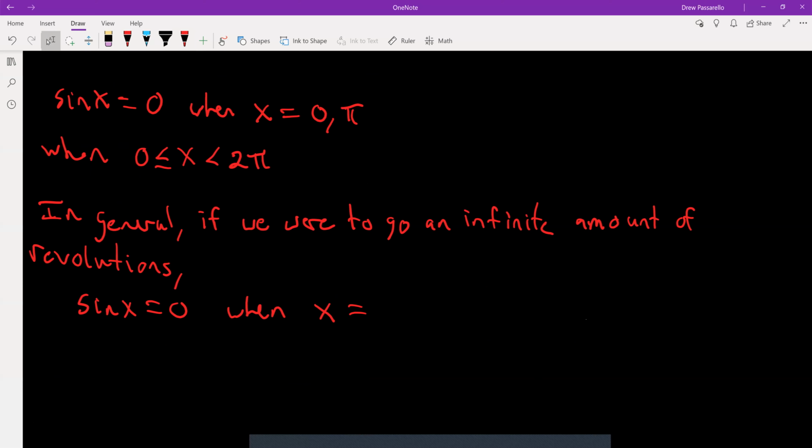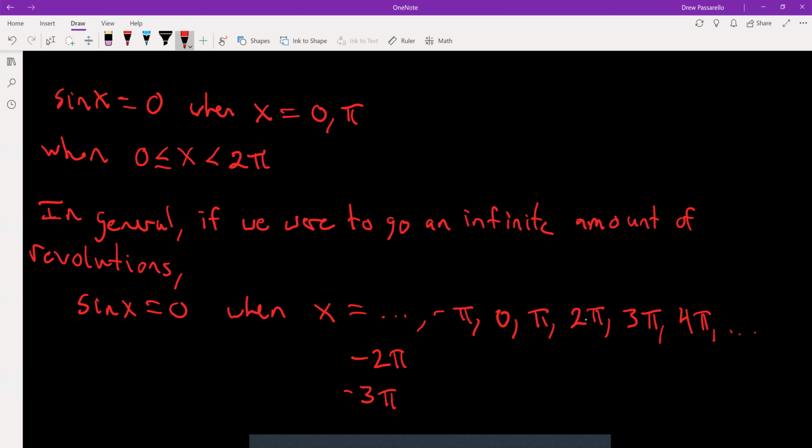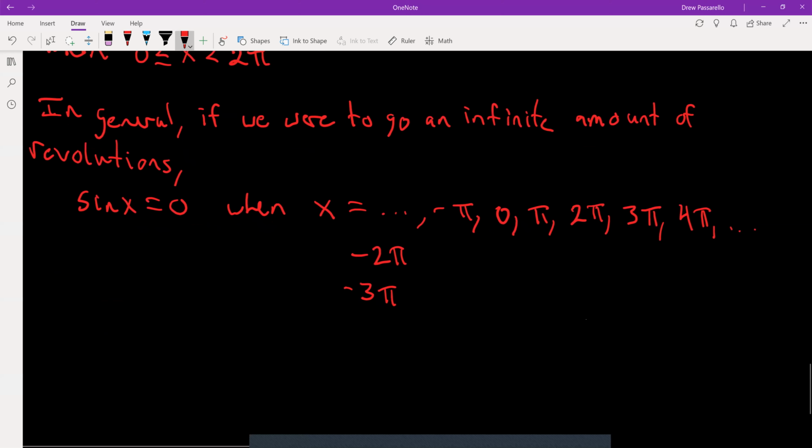So essentially, it could be negative pi, 0, pi, 2 pi, 3 pi, 4 pi, keeps going. Likewise, I could have it also be negative 2 pi or negative 3 pi. And it's all these integers.